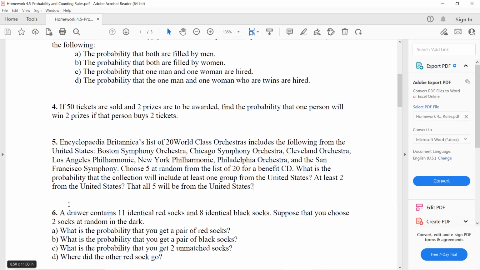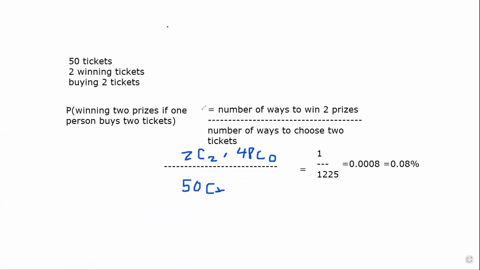So we have to figure out, we have 20. Let me go to the whiteboard. So our orchestra, right? This is problem number 5.